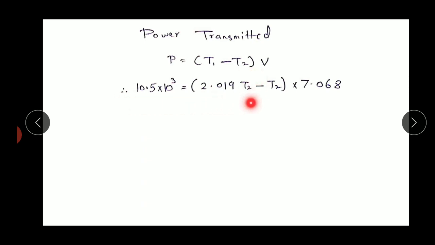So in the entire equation we have only a single unknown, that is T2. By substitution, we can find T2 as 1456.6 newtons. Once we have found T2, put it in equation number 1, and you will get T1. So T1 we get is 2942 newtons.